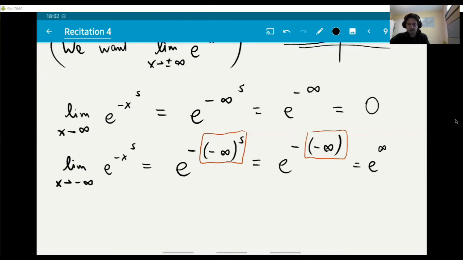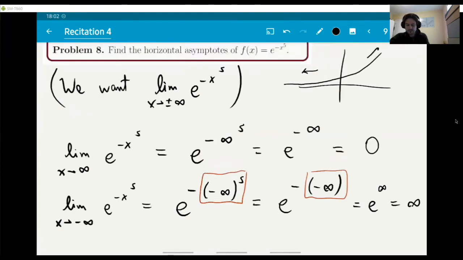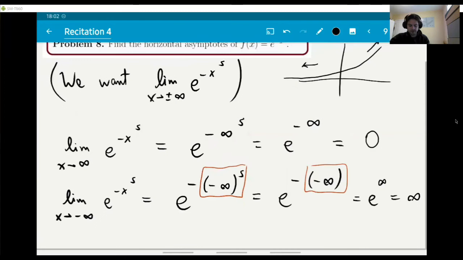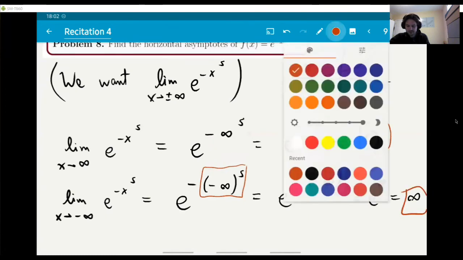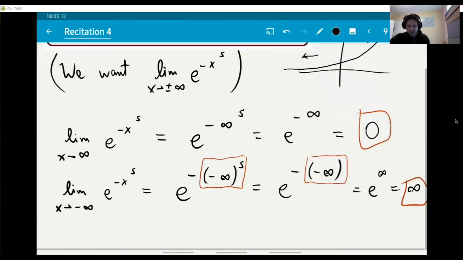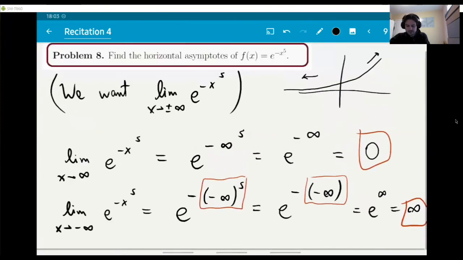And what is e to the infinity? That's infinity. Look back in the graph. So those are the 2 limits. Only one of them was a number, only the number 0. The other was the symbol infinity. So that means that this function, I should probably write e to the x here.